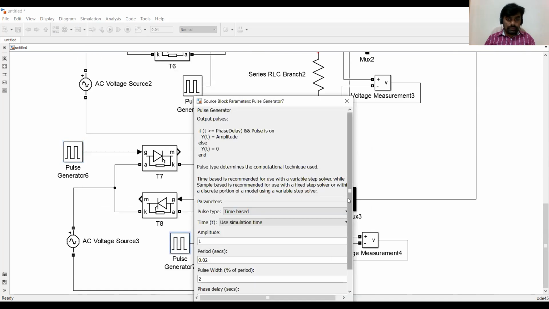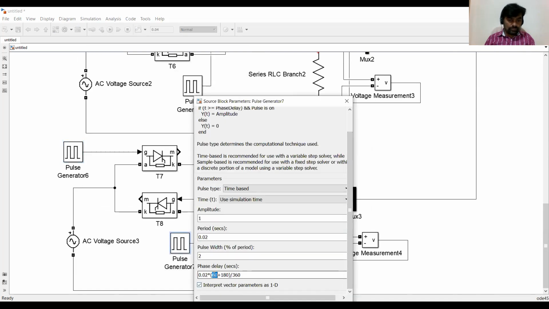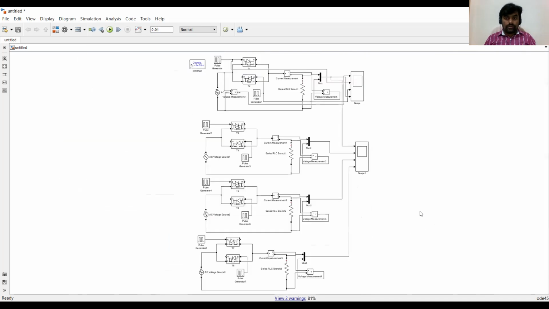And here 180 plus 120 degrees. Right. So now I will run the system. And here you can see all the waveforms at a time at different values of firing angle alpha.